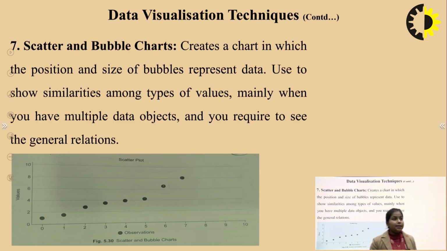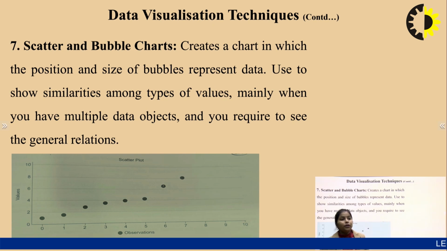Now the next technique is the scatter and bubble chart. This creates a chart in which the position and size of bubbles represent the data, and is used to show the similarity among types of values, mainly when you have multiple data objects and you require to see the general relations.